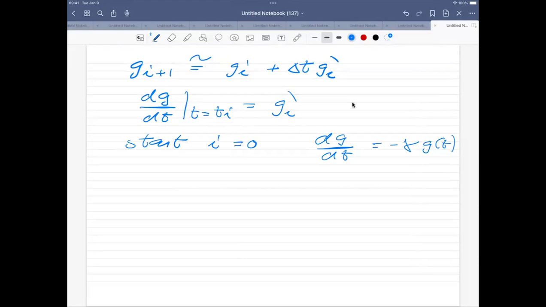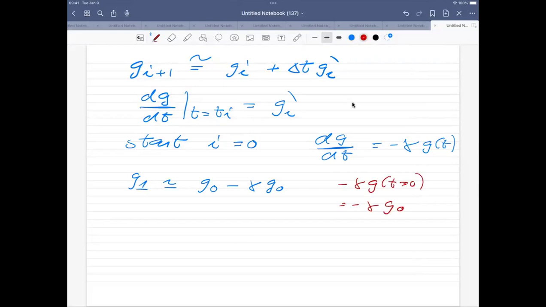And if we now look at the equation which we have, it means that this g of 1 when we start with i equals 0, is now approximated with g0 minus, and then we have a gamma, and then we have a g0 here, where we simply plugged in the equation for minus gamma of g at t equals 0. And that is the same as minus gamma of g0.